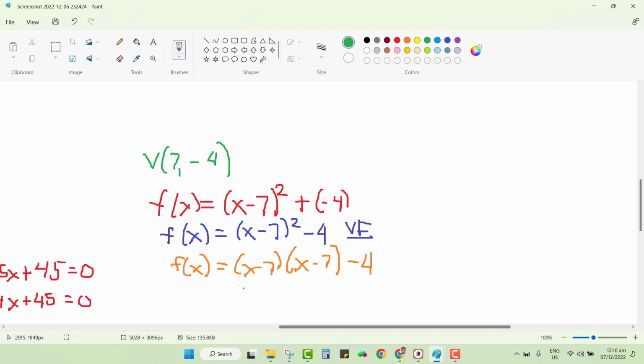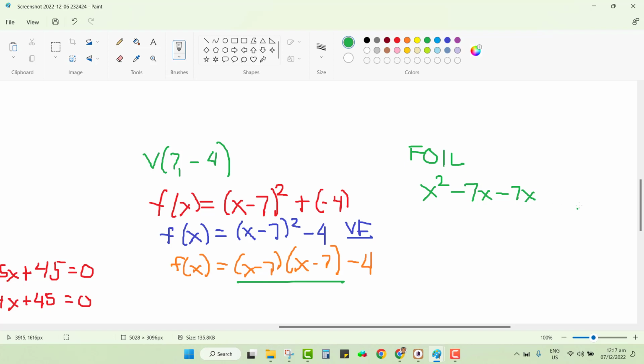Let's use again the FOIL method for this expression. That's FOIL. Sorry. Okay, that's like that. So you have x times x is x squared. X times negative 7 is minus 7x. Negative 7 times x is also minus 7x.